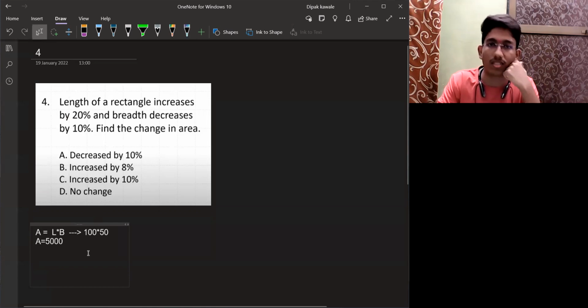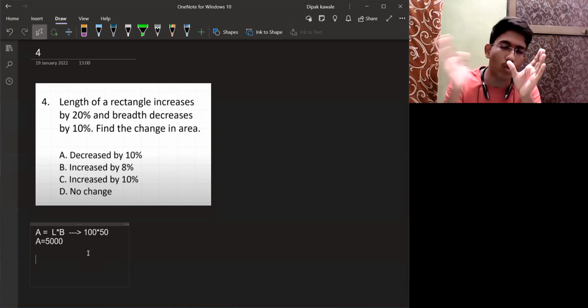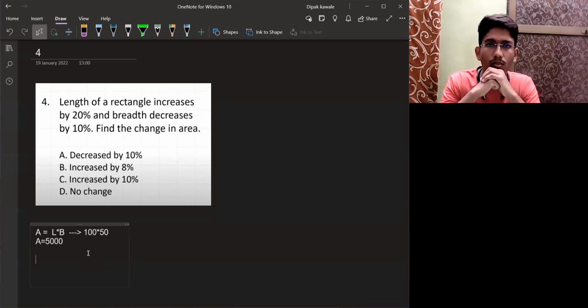After increasing 20%, it will be 120. So how? Tell me guys, what is 20% of 100? So 20. And whenever I am saying it is increased, that means we have to add to the initial value. That means 100 plus 20, 120.